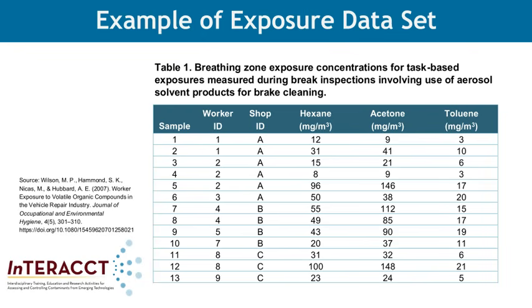A portion of the data is shown in Table 1, and it includes personal breathing zone samples collected during brake inspections involving the use of aerosol solvent products. 3 chemicals, hexane, acetone, and toluene, were analyzed in each sample. A total of 13 personal exposure measurements were collected from 9 workers in 3 shops, denoted A, B, and C.